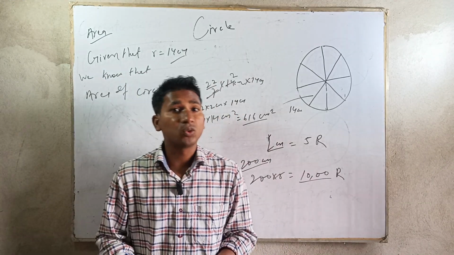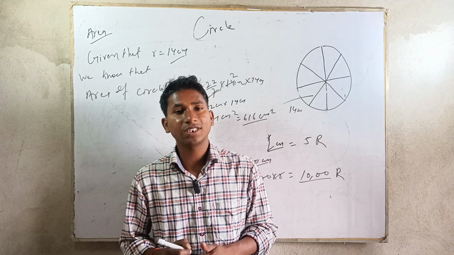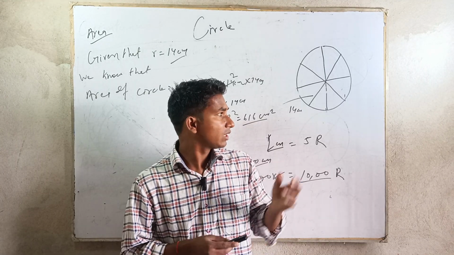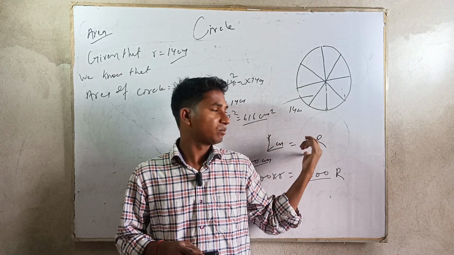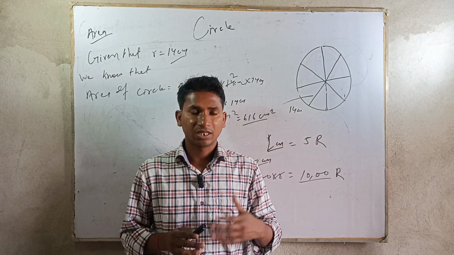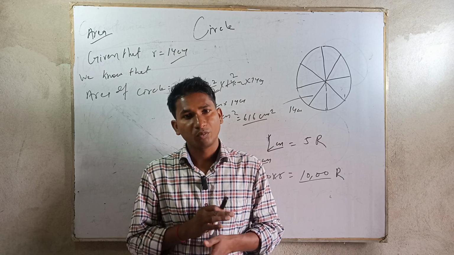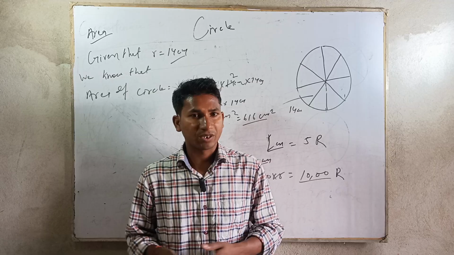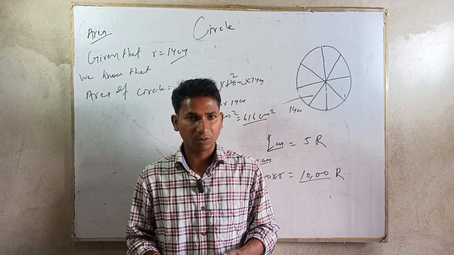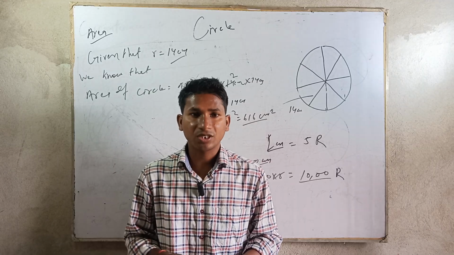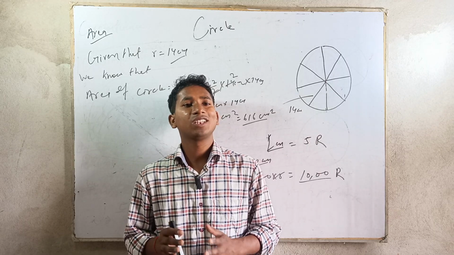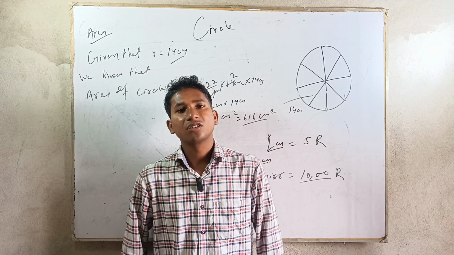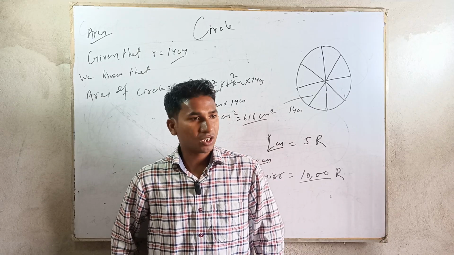And one thing to keep in mind: if a question is given in centimeter and the money is given per meter, then I will convert centimeter to meter. Either I can also convert meter into centimeter. After that you can solve the question and you will get the solution. So these types of questions are asked, and this is the way of solving all these things.